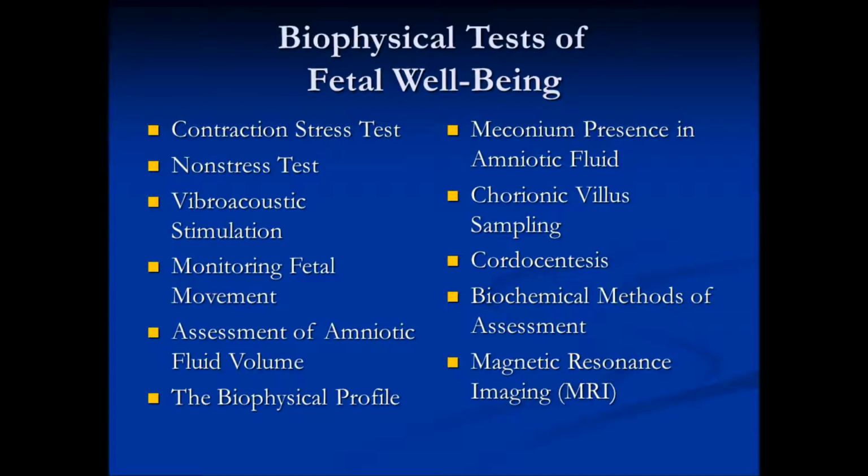In reality, most CST tests do not clearly fall into one of the above categories. So you may have a baby that has decelerations, but not in relation to every contraction or 50% of the contractions.